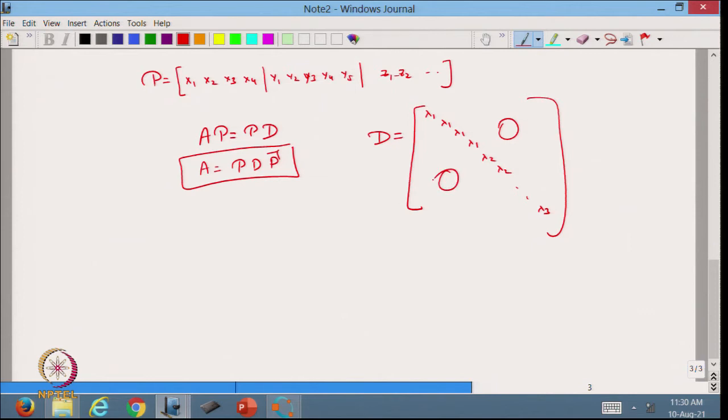This way, I can say that my matrix A is diagonalizable.